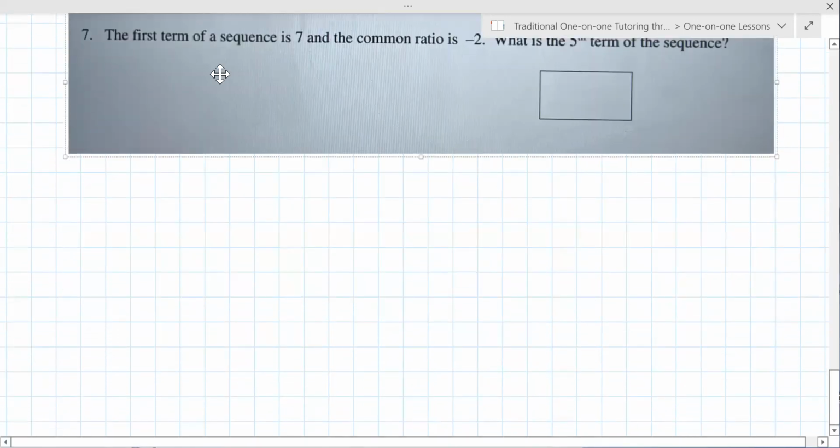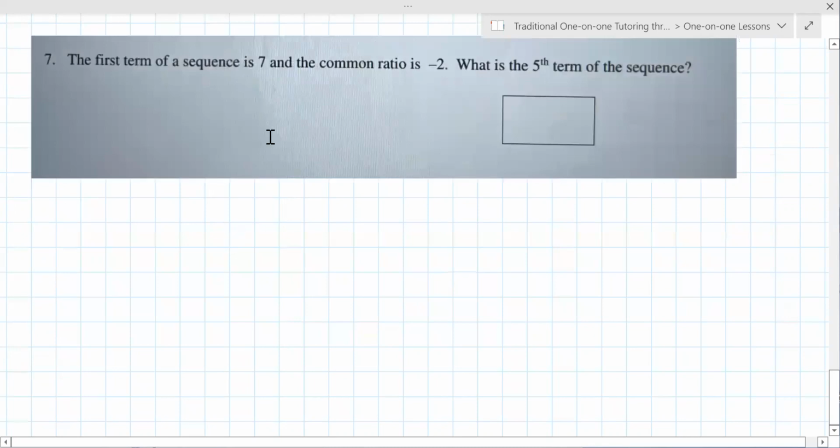All right. So this problem says the first term of a sequence is 7. That's important. The common ratio is -2. It doesn't ask for it, but implied here is to write the formula.